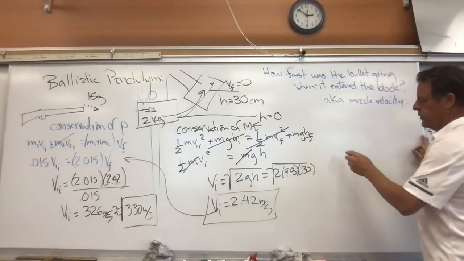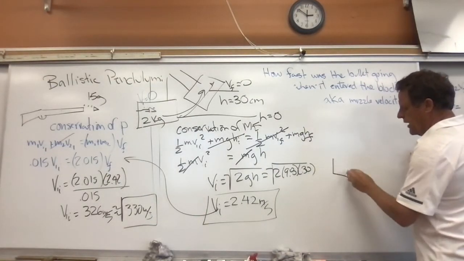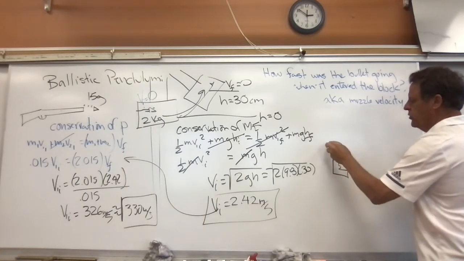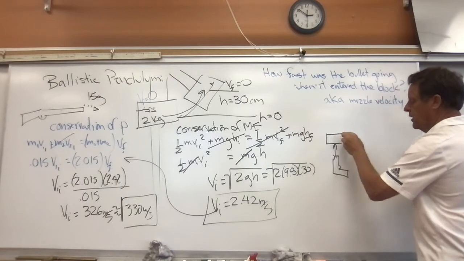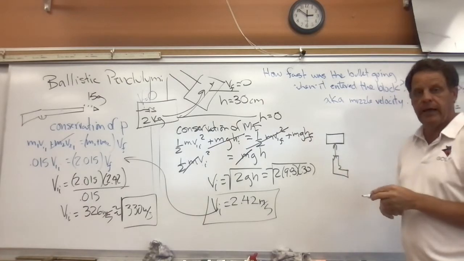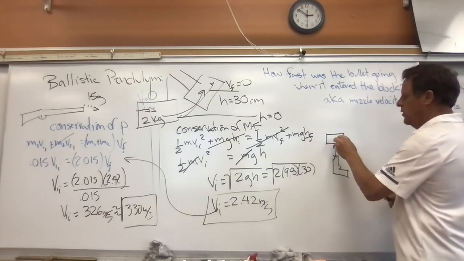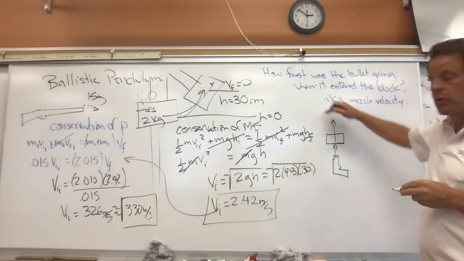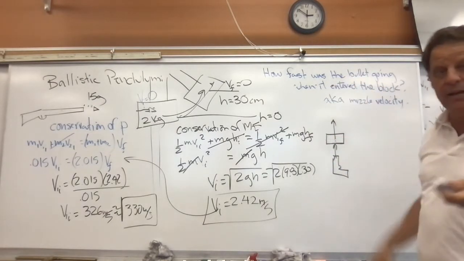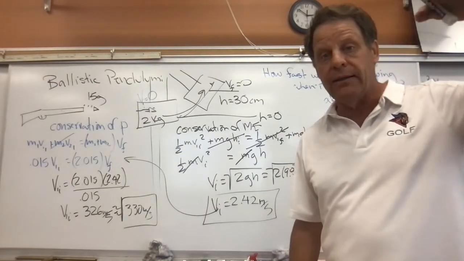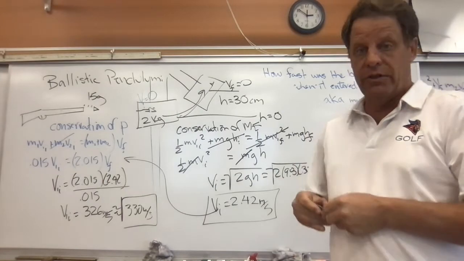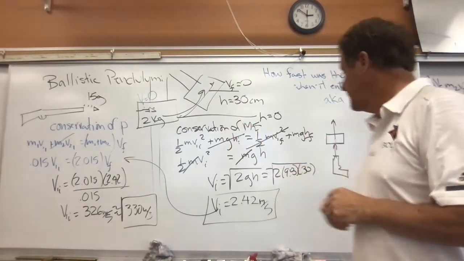But what we could also have, for example, is let's say a pistol shooting upwards on a block. Okay, and we could see how high this block went this way. Or if we needed to get to a certain height, how many times would we have to shoot the bullet in order to get it to that particular height?